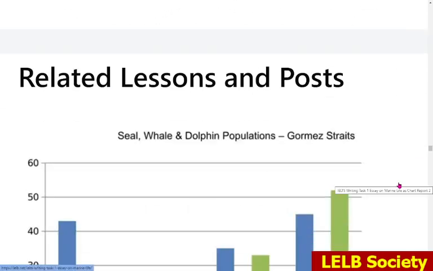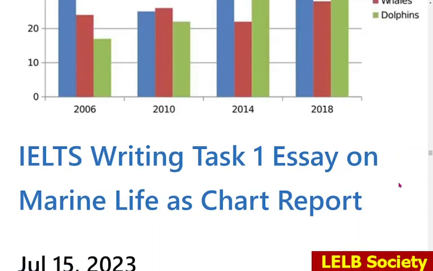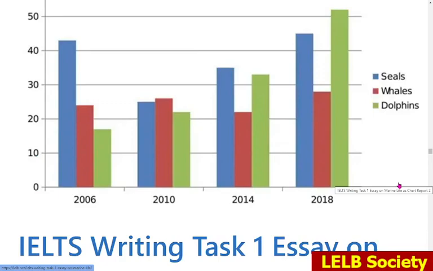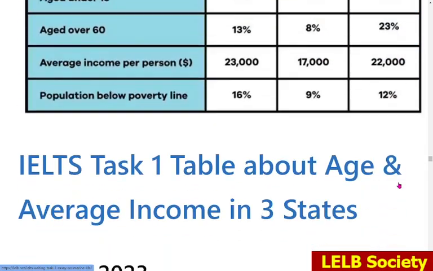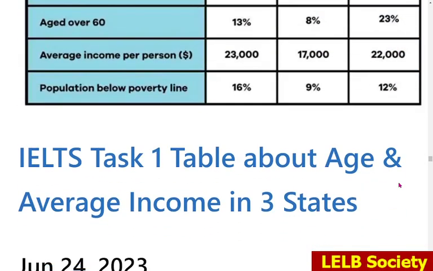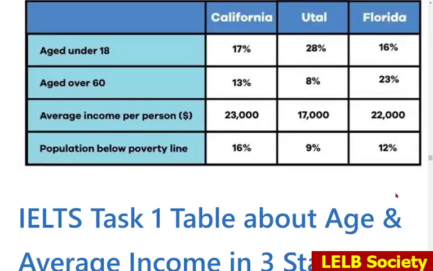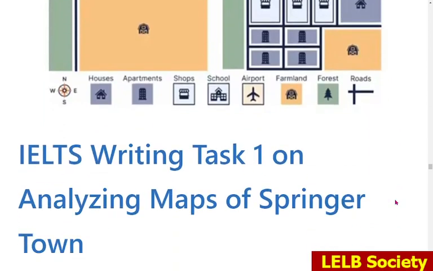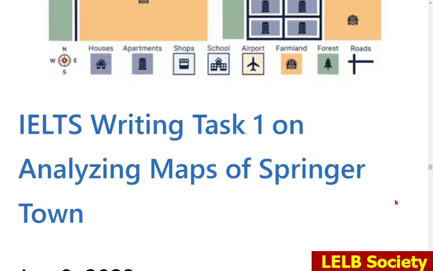And some related lessons. IELTS Writing Task 1, Essay on Marine Life, which is another example of bar graphs. And IELTS Task 1, Table about age and average income. And also another IELTS Writing Task 1 example, this time on a map, analyzing maps of Springer Town.